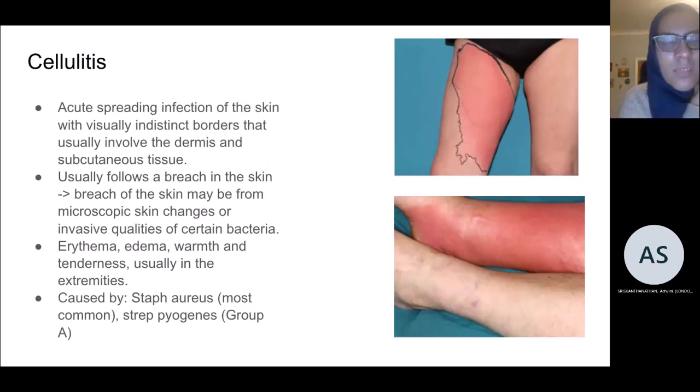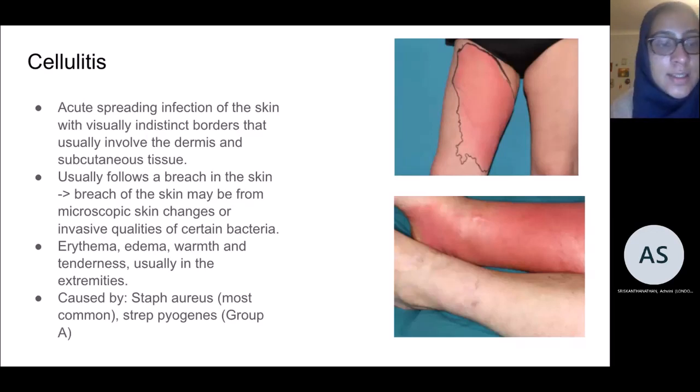It typically presents as an erythematous rash, which might initially have distinct borders and then gradually become indistinct, and you will get a warm limb. You might get swelling as well, causing edema and a lot of tenderness, and you usually find it in the extremities. You can see in the picture this person has quite bad ankle cellulitis.